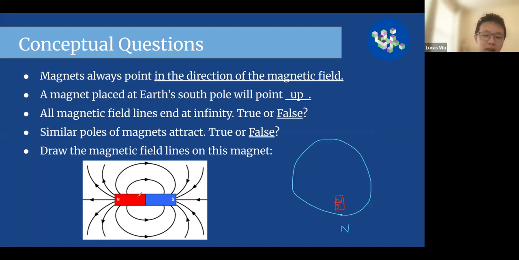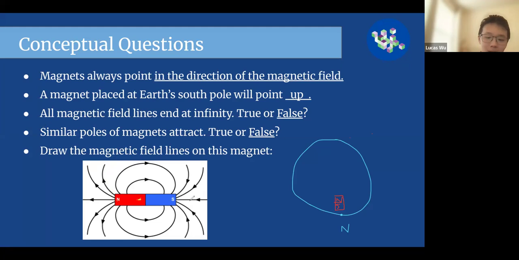Now draw the magnetic field lines on the magnet. You'll find that it's really similar to the electric case, so I'll sloppily draw an analogy.